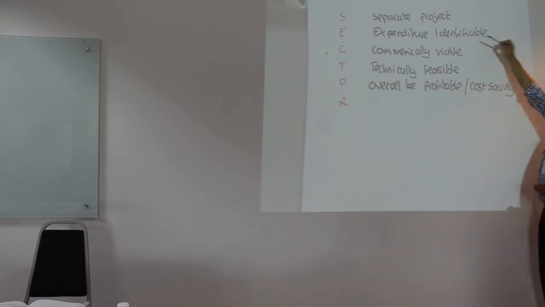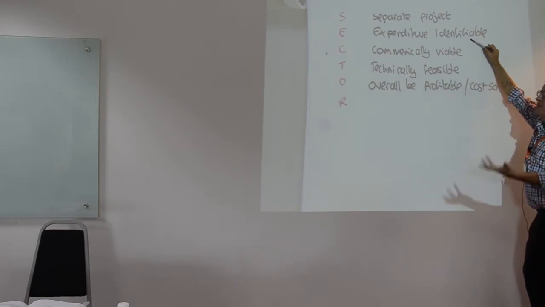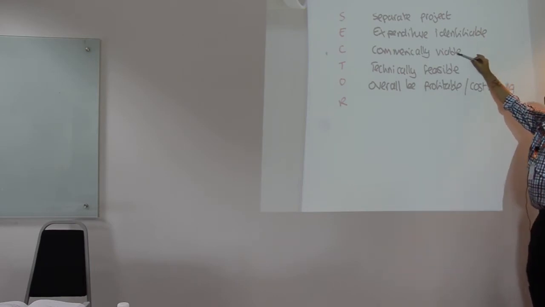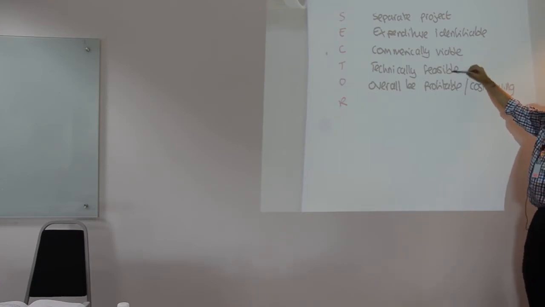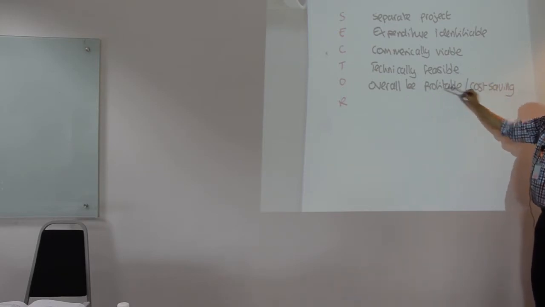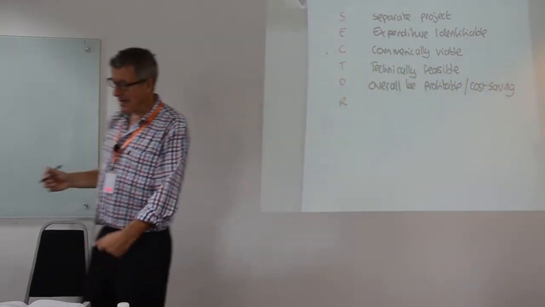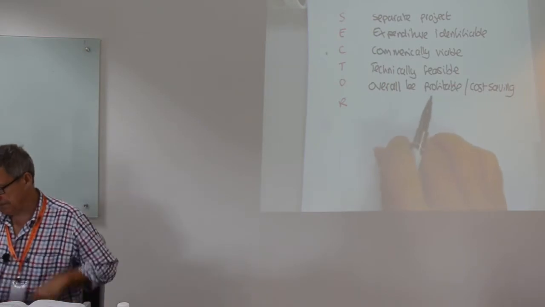So, you've got a separate project, a new drug, a new car, you can identify the expenditure, people are going to buy it. There's a place in the market for it, it's technically feasible, so you've cracked all the chemical processes and the engineering issues. Overall, it will be profitable, it will be cost saving, so there will be an economic benefit from it, and you have the resources to complete.